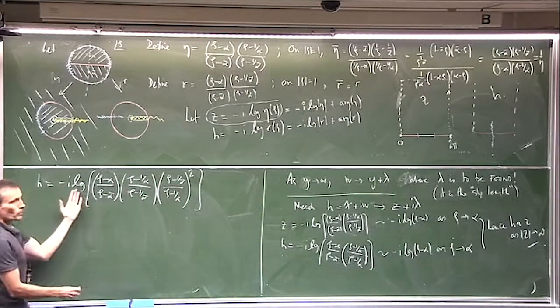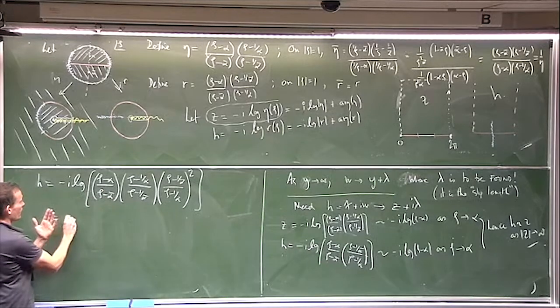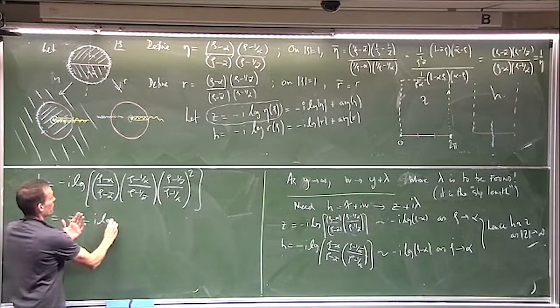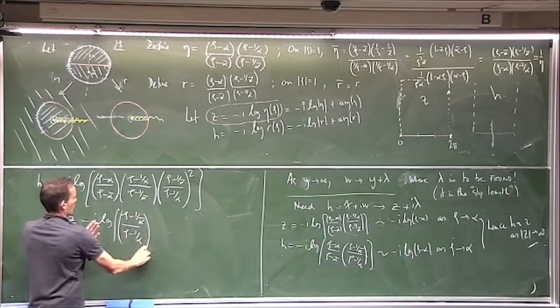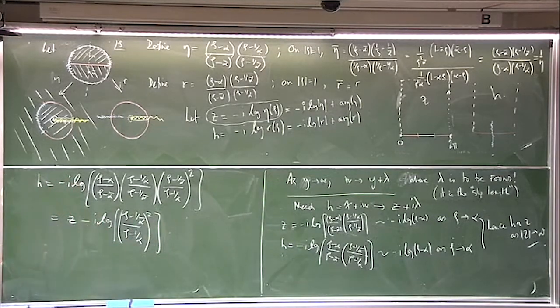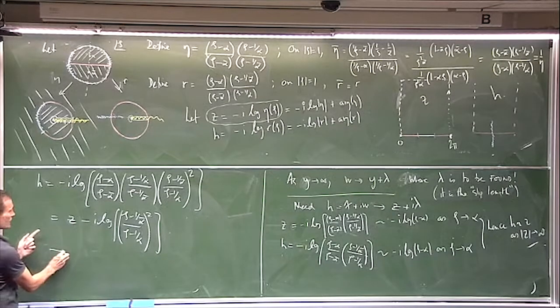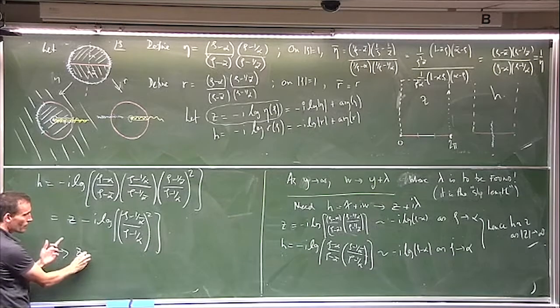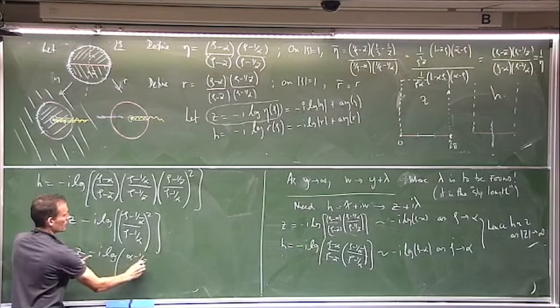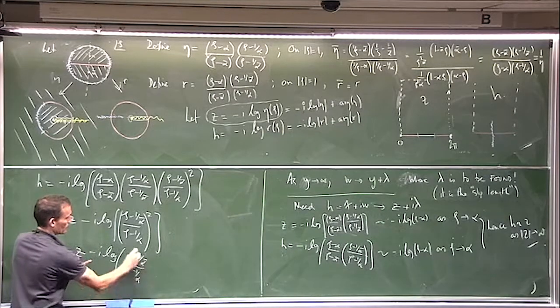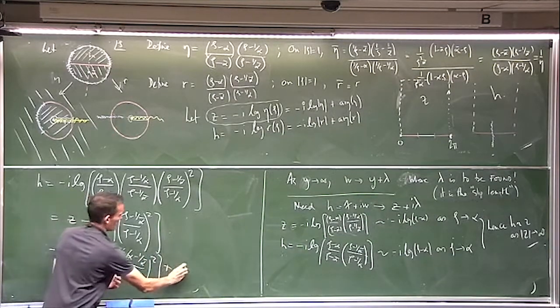And then this property of logs gives z minus i log, and this tends, as zeta tends to alpha, to z minus i log plus little o of 1.